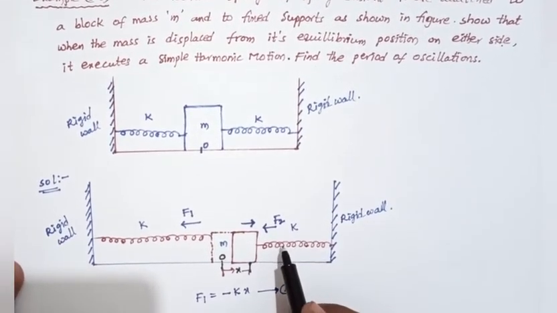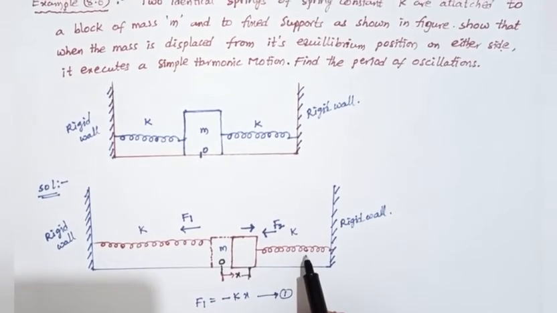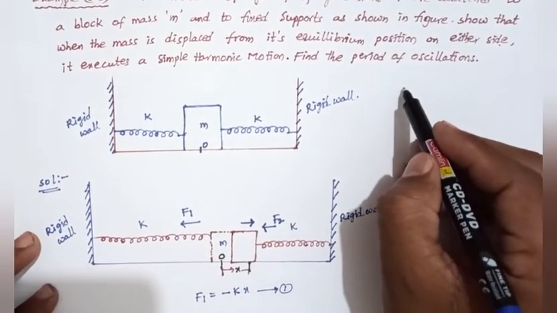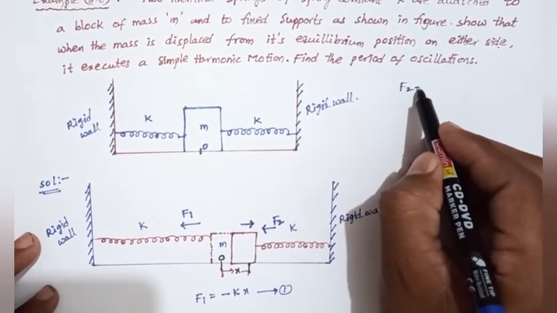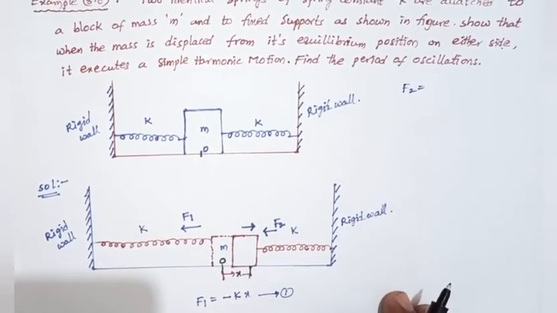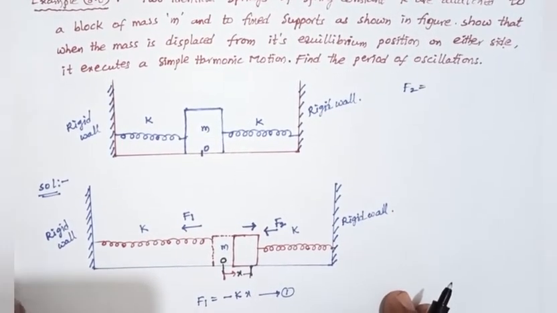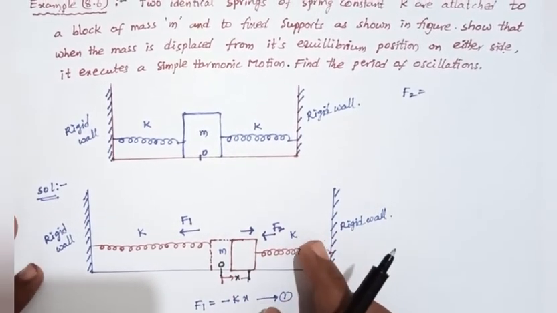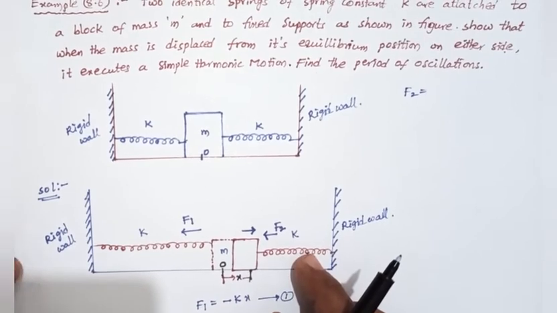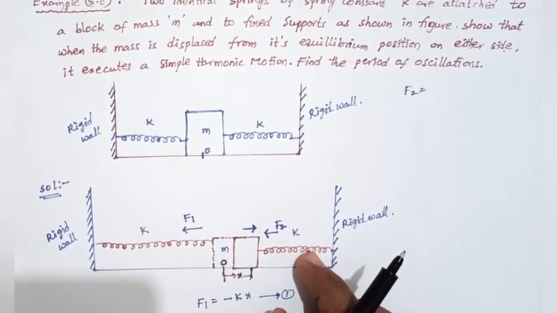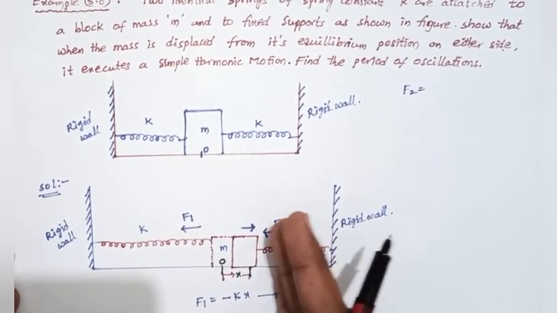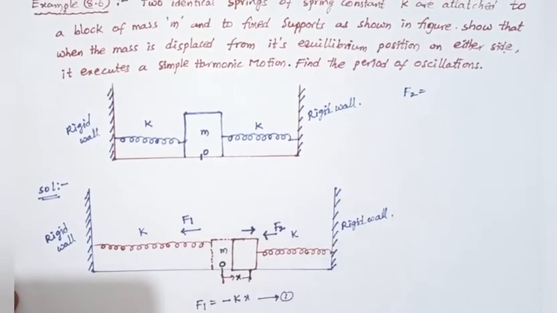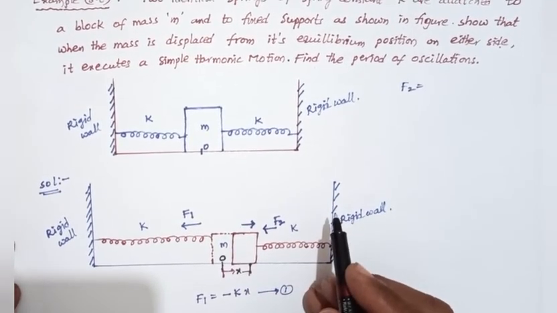And the force on the second spring, F2 equals, we have taken the force exerted by the spring on the right side. The spring on the right side is trying to push, so it is pushed towards the mean position.